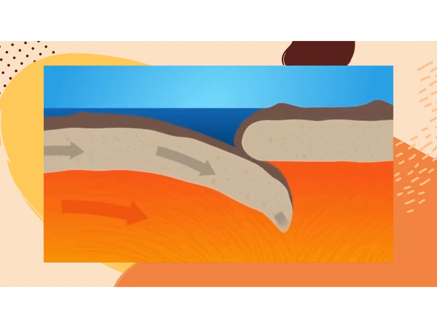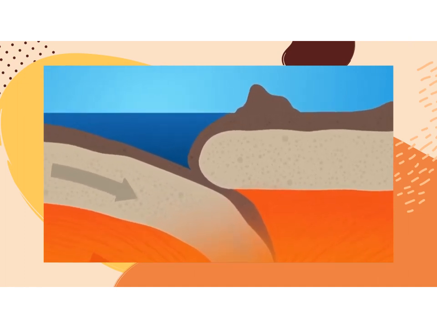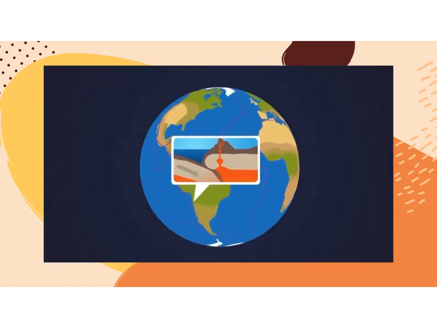An oceanic plate pushes itself under a continental one. It disappears into the Earth's hot mantle, creating an ocean trench up to 8 kilometers deep. On its way down into the mantle, the oceanic plate melts. But the liquid magma can return to the surface at another place. A volcano is born.